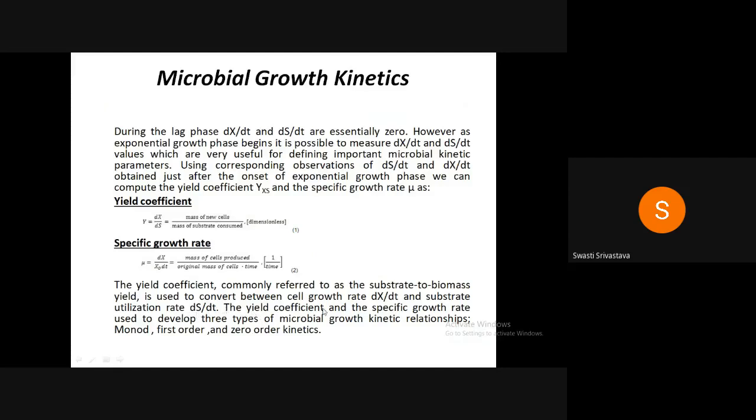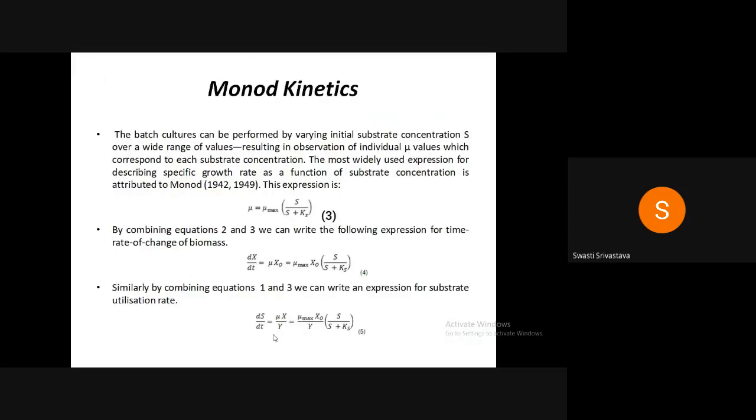The yield coefficient and the specific growth rate can be used to develop the microbial growth kinetics relationships, mostly as Monod kinetics, first order kinetics, or zero order kinetics. Now we try to understand what Monod kinetics is. Monod kinetics is attributed to the contributions of Monod.